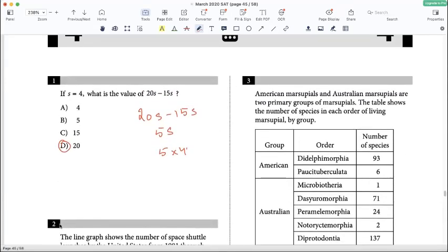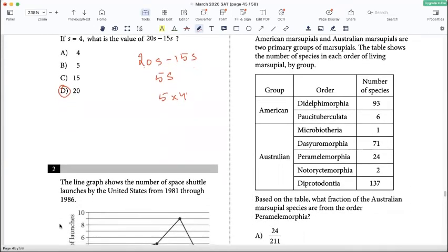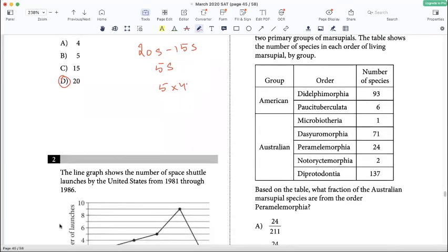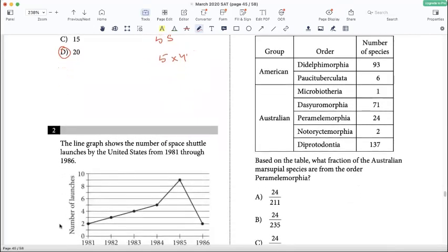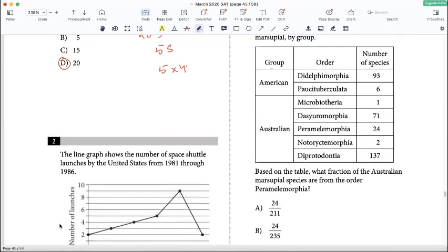American marsupials and Australian marsupials are two primary groups of marsupials. The table shows the number of species in each order of living marsupial by group. Based on the table, what fraction of the Australian marsupial species are from the order Paramelemorphia?